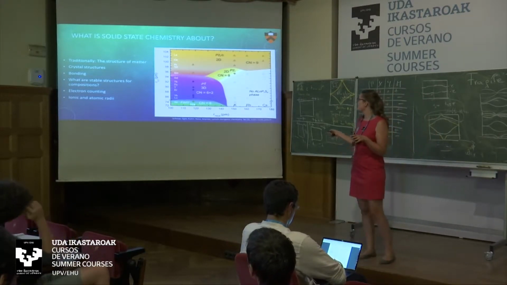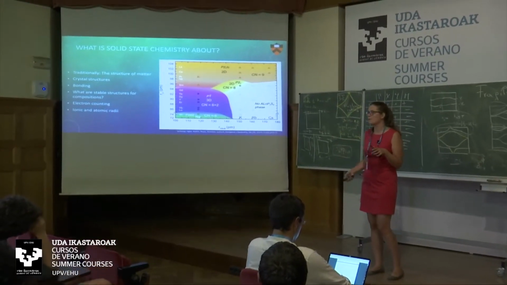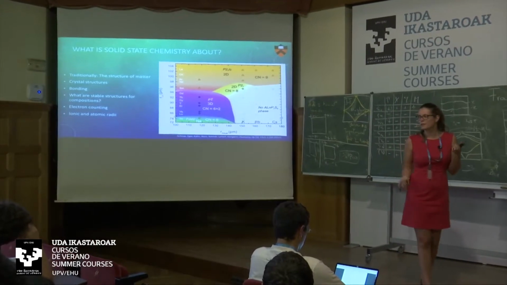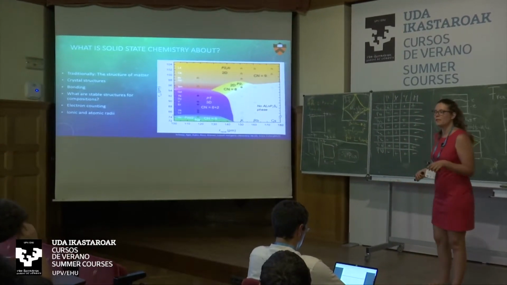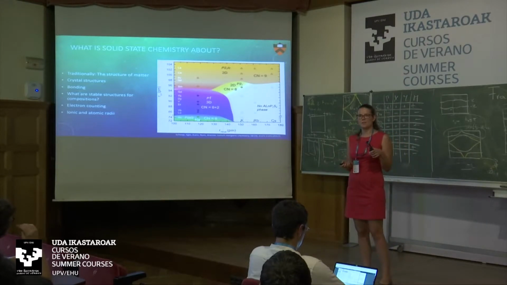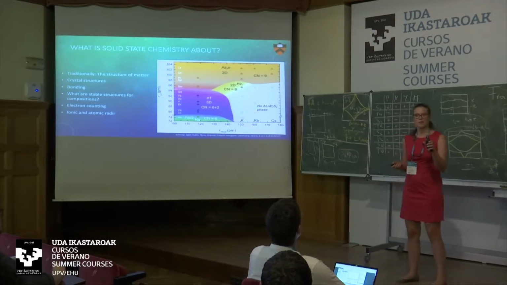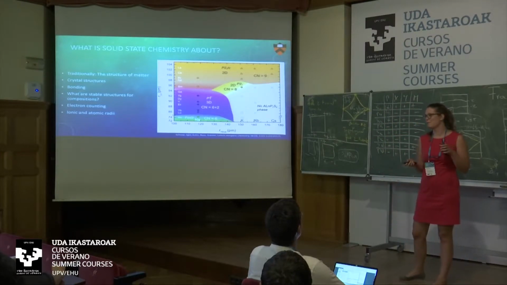Then you get different colored areas, and these are different space groups adopted by the structure, so completely different crystal structures can form just based on the sizes of the atoms. And this is my first important message I want to tell you, that you cannot randomly substitute something isoelectronic and assume that it will take the same crystal structure.